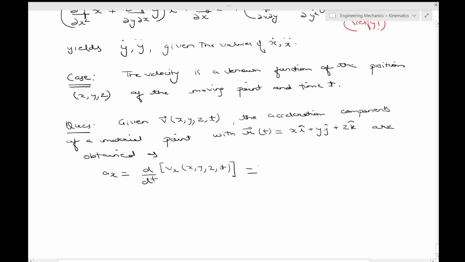So this would mean, let me just write it nicely over here, the limit of delta t tending to 0 of delta Vx by delta t.